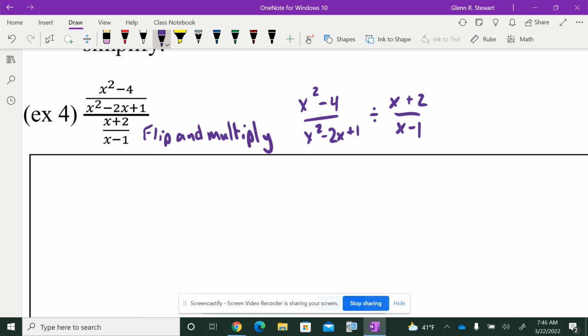So whatever's in my denominator, I'm going to flip it and multiply it. I'm going to stay with whatever's on the top, x squared minus 4 over x squared minus 2x plus 1, and multiply by x minus 1 over x plus 2. Again, I just flip my bottom and use it for multiplying.